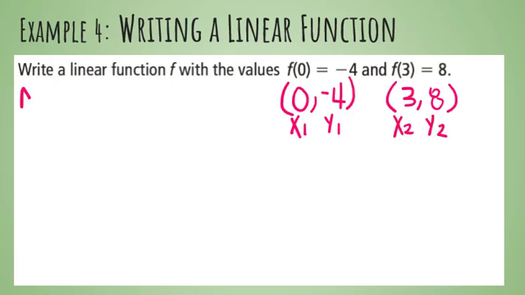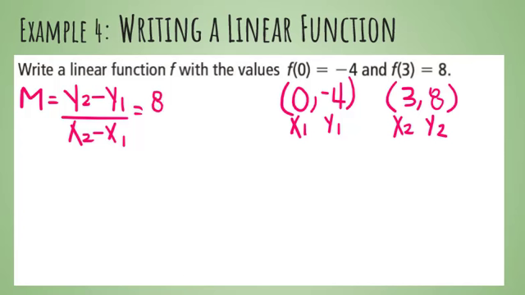So we're going to go ahead and start by calculating our slope using that same slope formula, y2 minus y1 over x2 minus x1. So I have 8 minus negative 4, so that becomes plus 4, over 3 minus 0. So 8 plus 4 gives me 12. 3 minus 0 gives me 3, so 12 over 3 is 4.